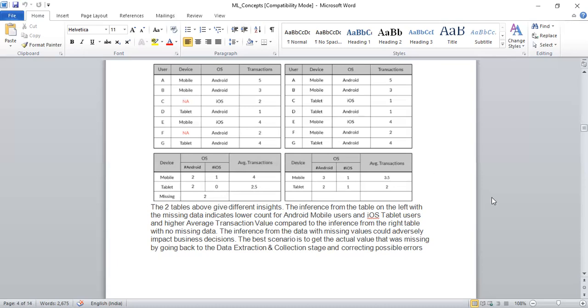Okay, now look at this, the inference from the table on the left hand side. The missing data indicates lower count for Android mobile users and iOS, tablet users, and higher average transaction value compared to the inference from the right table with no missing data. The inference from the data with missing values could adversely impact business decisions.